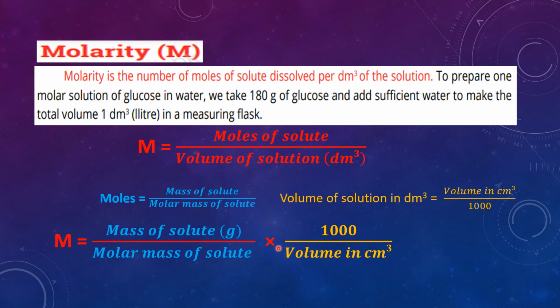As the volume of solution is in the denominator, when we put this value in the denominator, it will definitely become reversed. So due to the sign of multiplication, this value will become reversed: 1000 divided by volume in cubic centimeter.